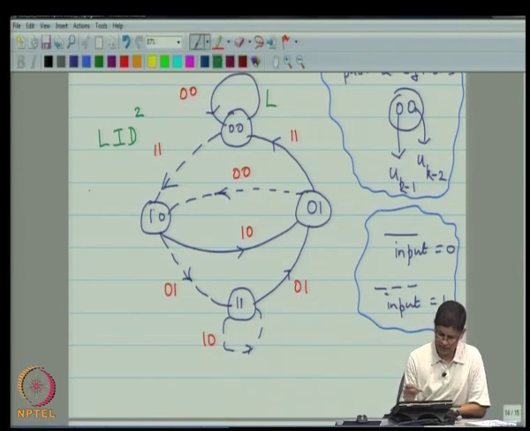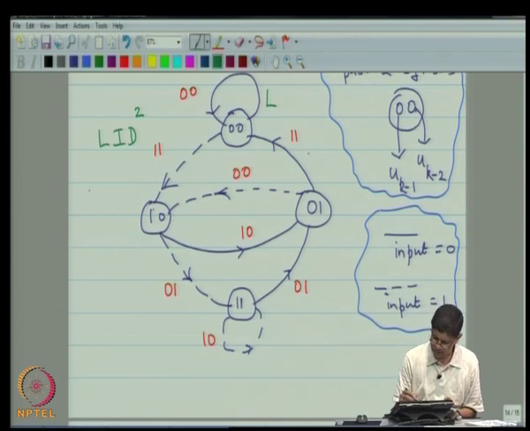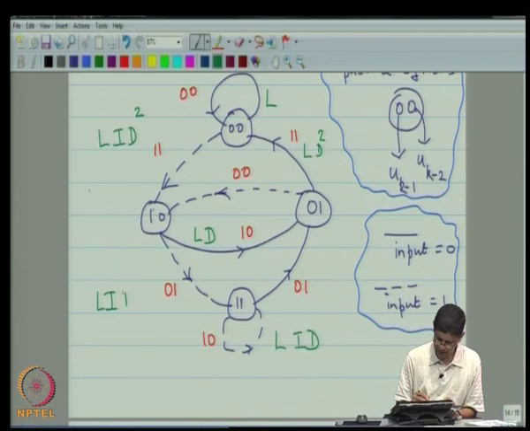So, with that we can now continue labeling the others. So, all of them will have an L, this is I to the 0 and d squared, this is L d, this is L I d, this is also L I d, this one is L I.